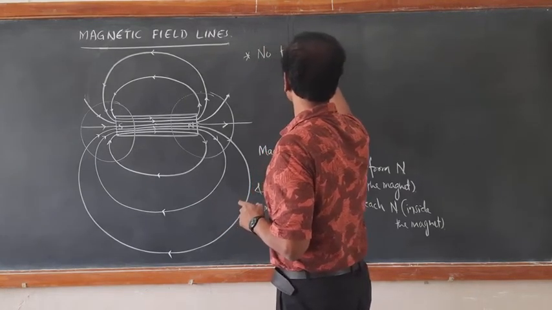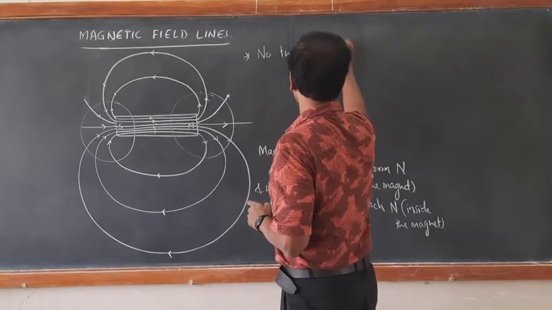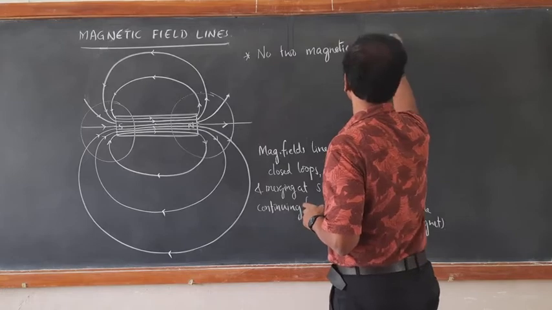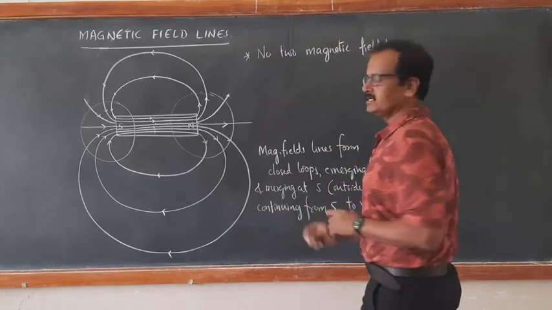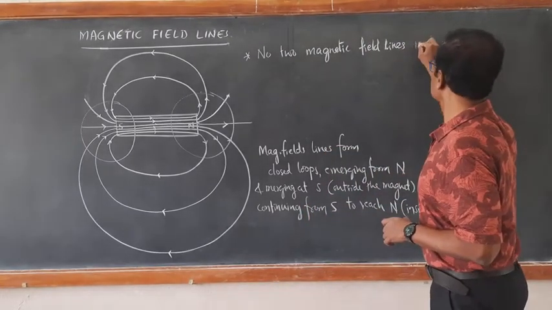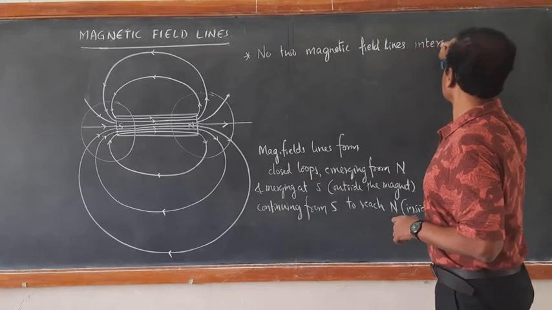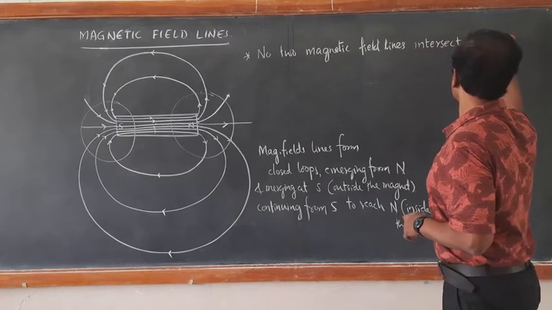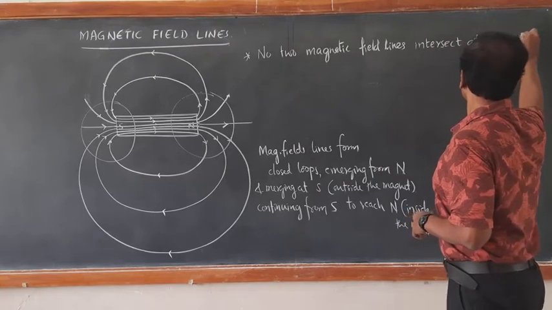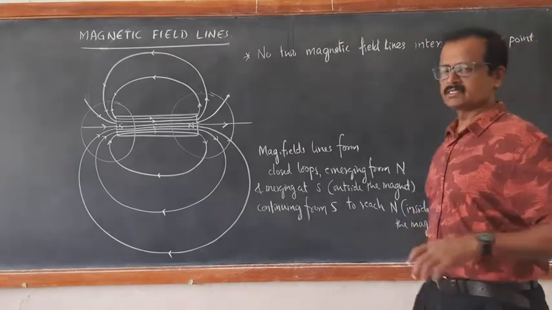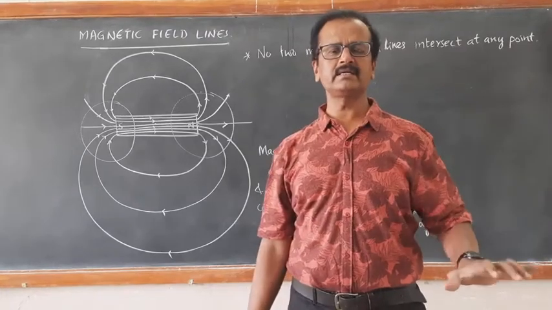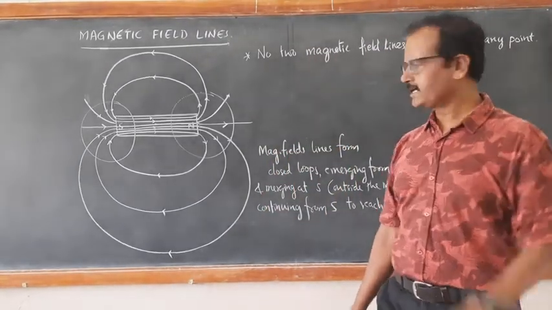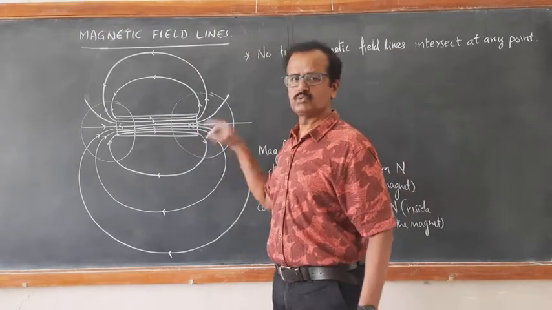No two magnetic field lines intersect at any point. It means field lines never intersect at any given point. Means they are forming a perfect closed loop.